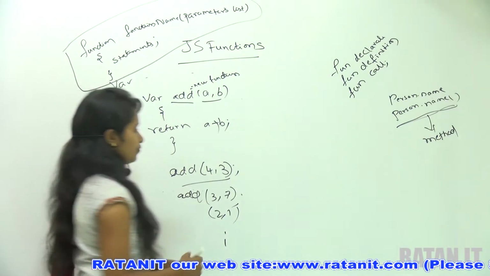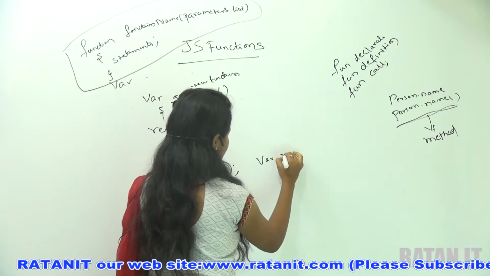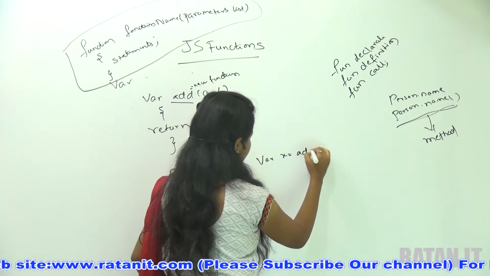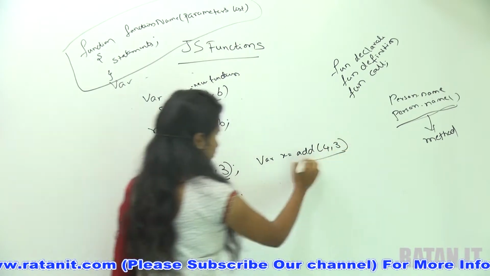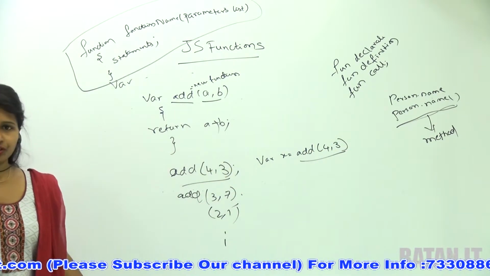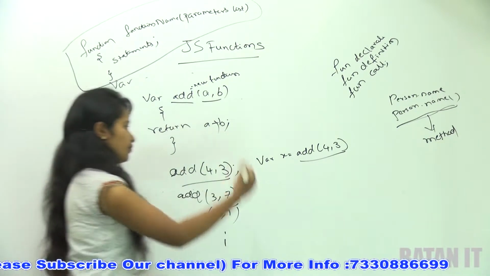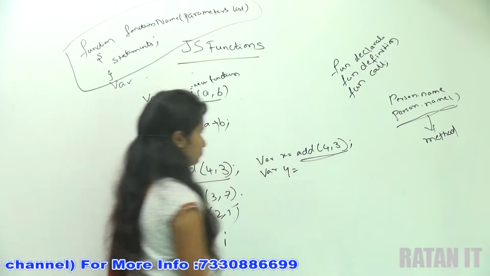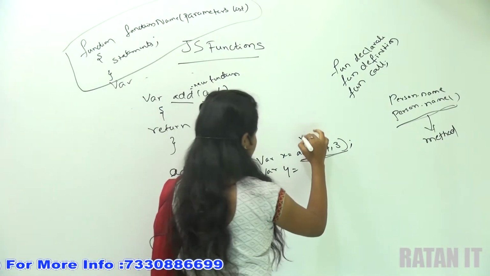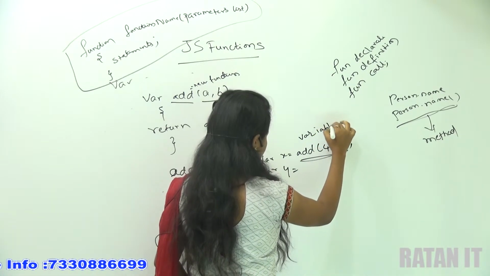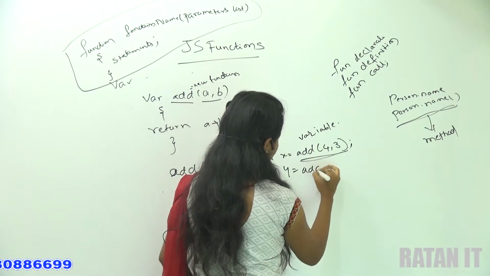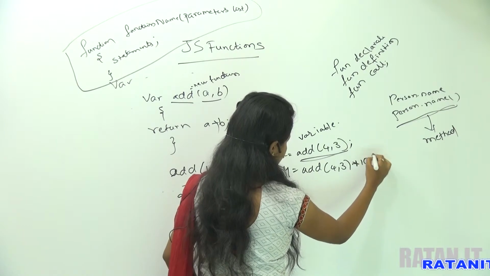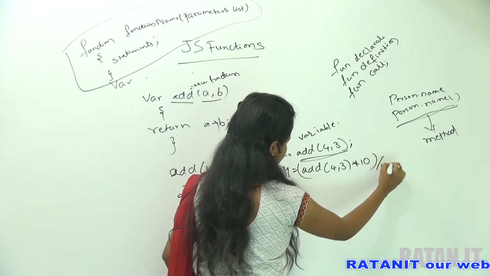I can call my function in this way. Either var x is equal to add of 4 comma 3. I can call my function for a variable. I can call my function for an expression also, where y is equal to this is for variable. I can also call for expression, that is add of 4 comma 3 into 10 divided by 100.